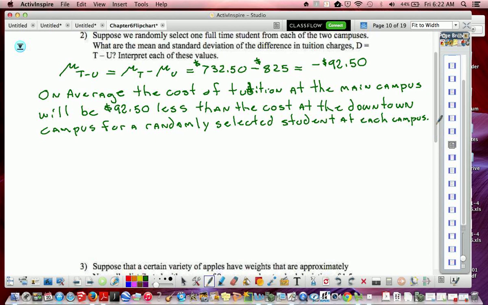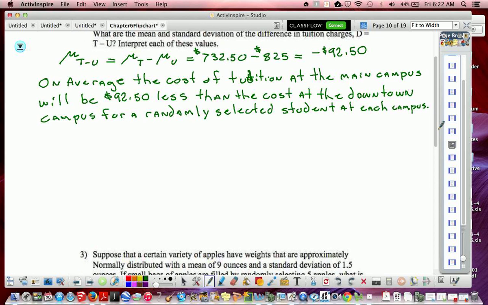All right, so now this is one where we can calculate out the variance or the standard deviation. And I didn't mention this in the previous problem. The reason why we could in the previous one with the addition was that the two events are independent. A student taking courses at the downtown campus shouldn't influence students taking courses at the main campus.